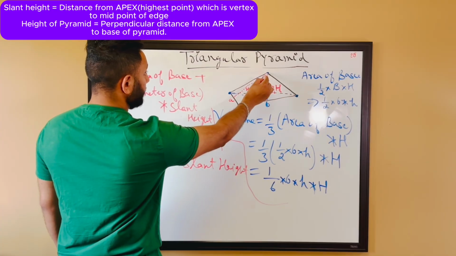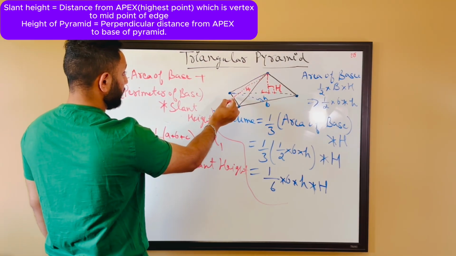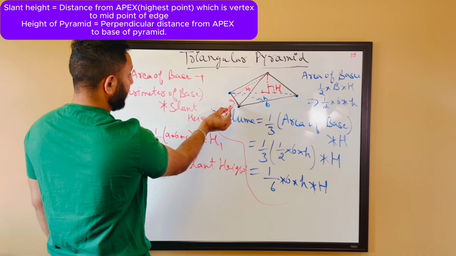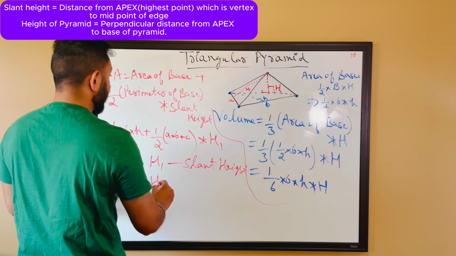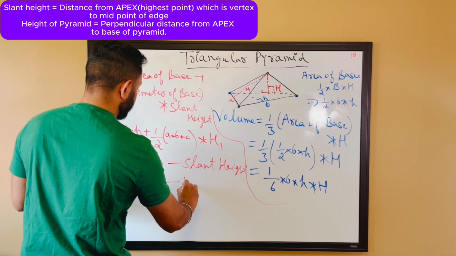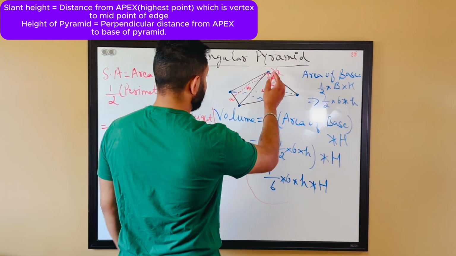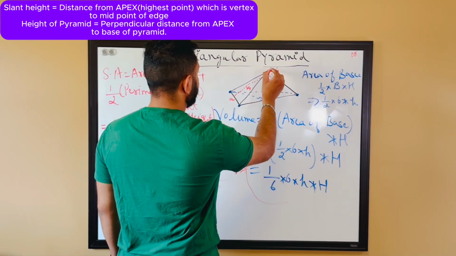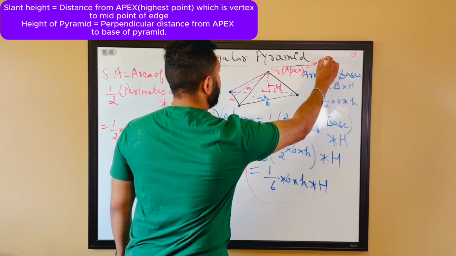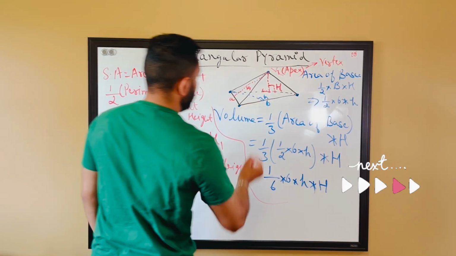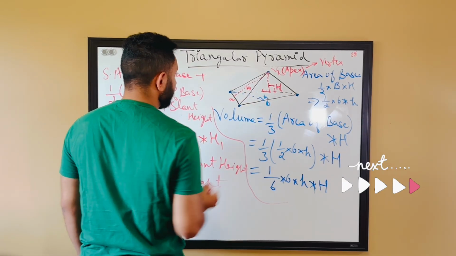So the distance from this vertex to the midpoint of the edge. So this is the edge. The regular height of the triangular pyramid, denoted by h, is a perpendicular distance from apex, which is the highest point, v1, we can also call it vertex, to the base of the triangular pyramid, which is that dotted line.